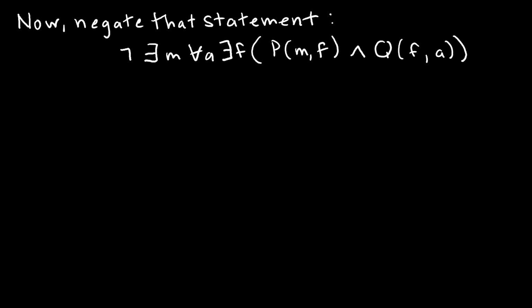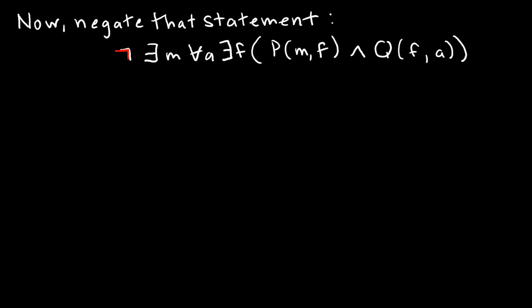So now that we have this massive, crazy statement, I want to negate it. So I want to know, how would I negate this with all of these nested quantifiers, which we practiced in the last video? And then what does that new statement mean? So remember, with negation, my job is to make sure that it's not in front of any of my quantifiers, and that I've simplified it as much as I possibly can.